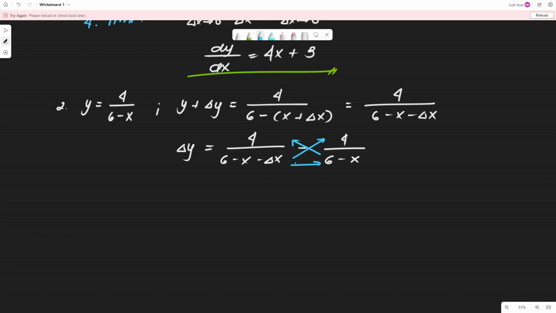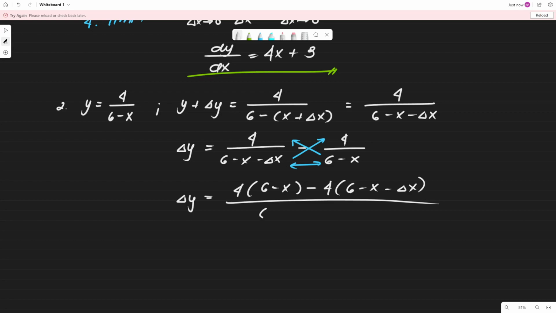So we'll have delta y equal to 4 times 6 minus x, minus 4 times 6 minus x minus delta x, over 6 minus x minus delta x, times 6 minus x.